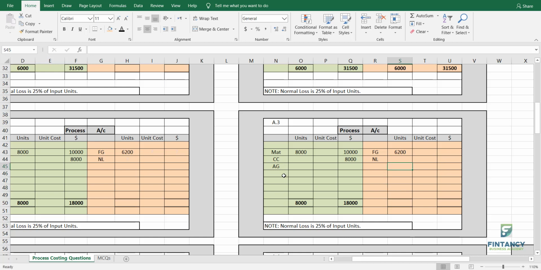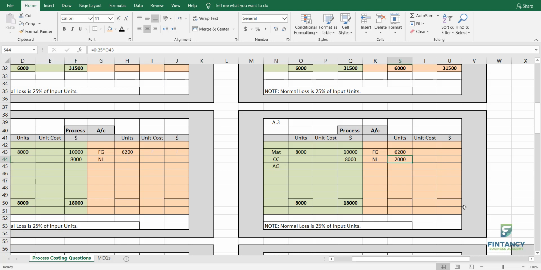So my friends, how to get normal loss? Remember how to get normal loss? It is equal to 0.25 multiplied by input. So we got to know that normal loss is 2,000. Okay. Assume that my input is 8,000 and your normal loss is 2,000.